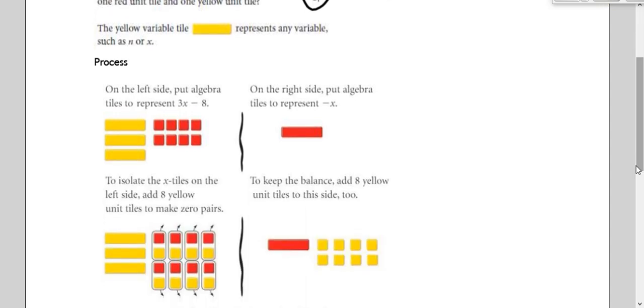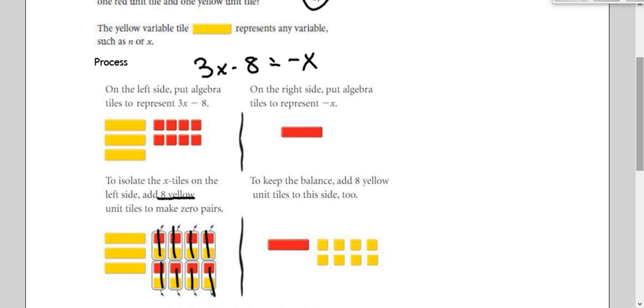So let's look at this. We have on our left side here 3x minus 8 is equal to -x. Okay, so we need to isolate the x tiles on the left side. We're going to add 8 yellow unit tiles to make the 0 pair. So you can see here that we have a pair here, here, here, here, here, here, and here, and here.